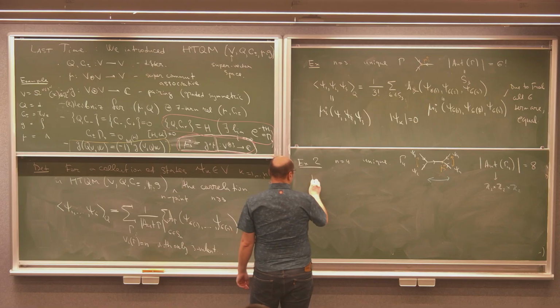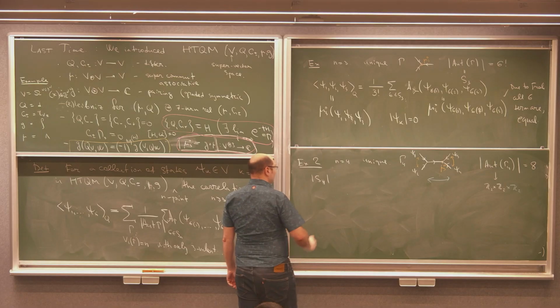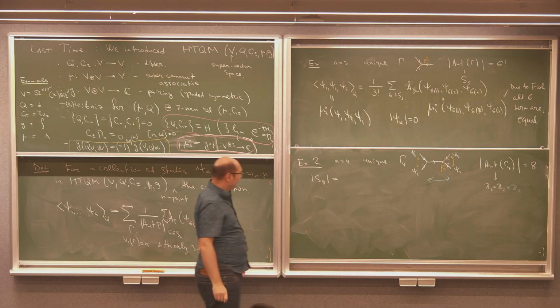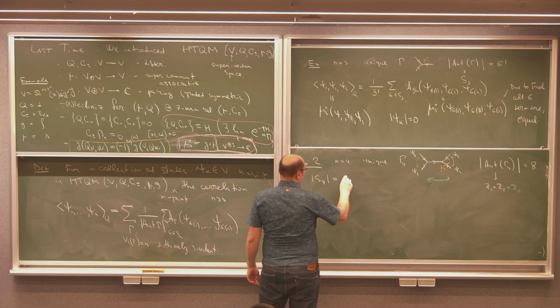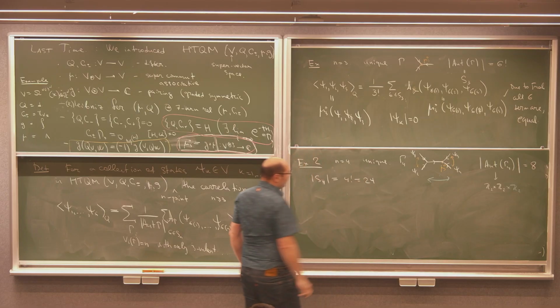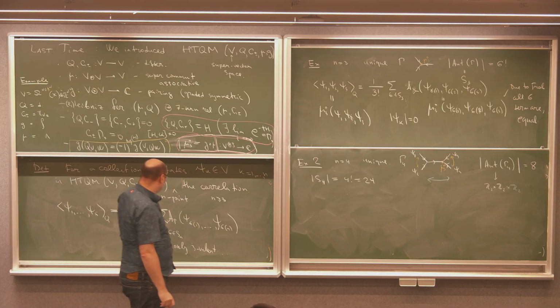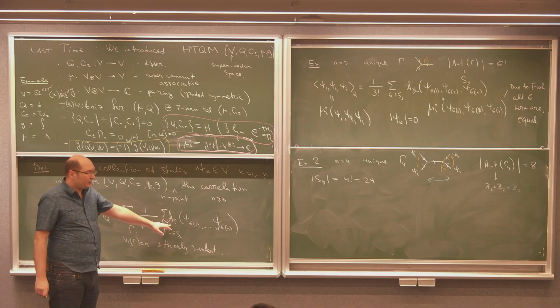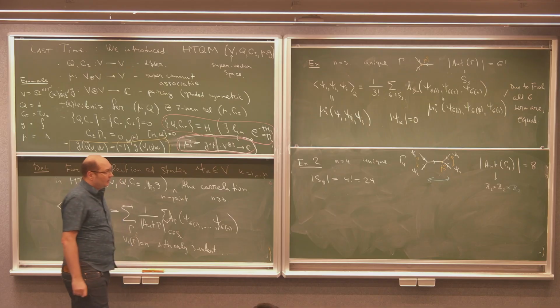Okay, so let us recall the size of S4. S4 is the permutation group of 4 elements, and the size is 4 factorial, which is 24. So therefore in the sum we will have 24 terms, for different labelings.